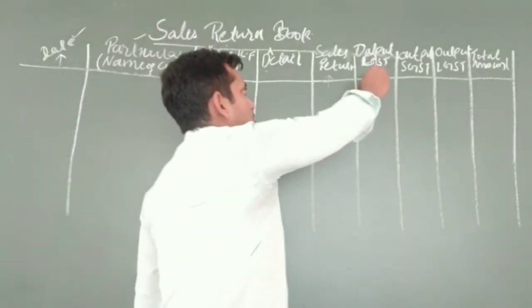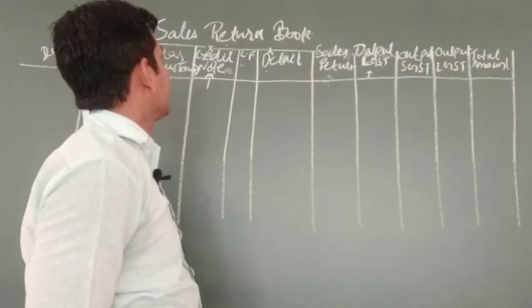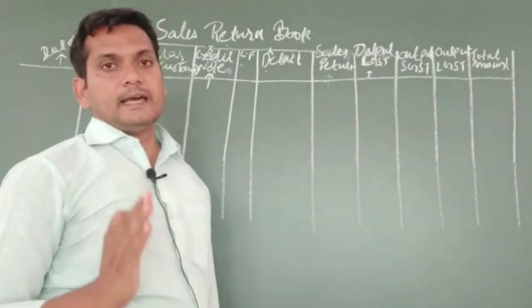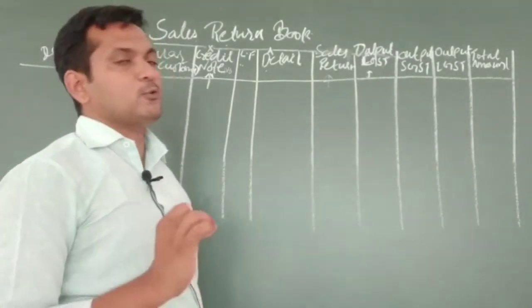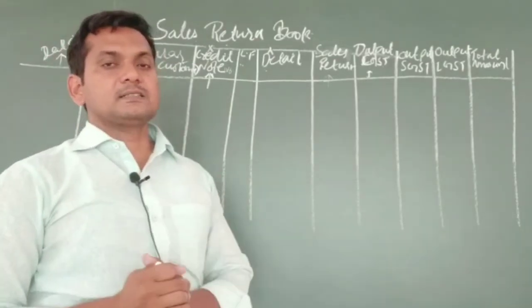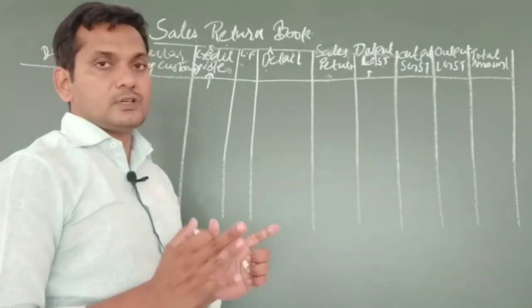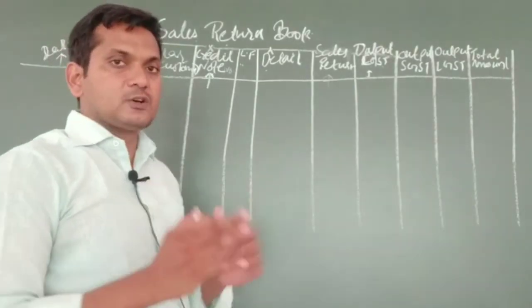Then after that, output CGST. As you know, we are maintaining the sales return book, so we have to write here output CGST, because we have already charged the GST to the customer and those goods are totally returned by the customer.